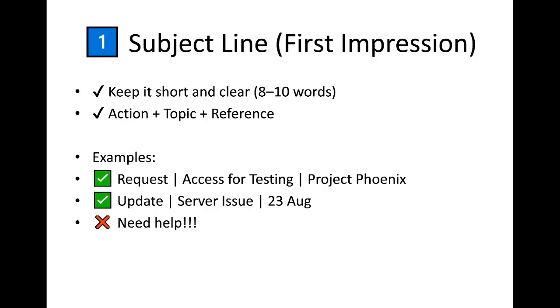It is the first impression. In the subject line, you have to keep it short and very clear, like 8 to 10 words. You can divide it into what action you want to take, basically on what topic or issue you are writing the mail.